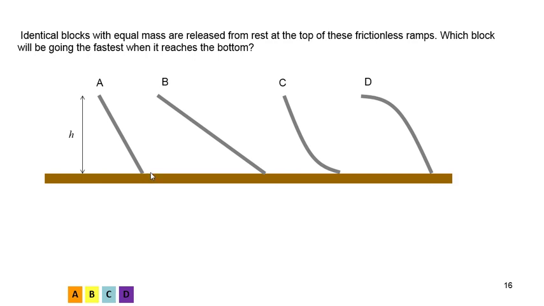They all reach the same height at the bottom, so U final is the same for all of them. That means that K final is the same for all of them, and the speed is the same for all of them. Okay, so these objects are not in free fall, but it still is true that Ki plus Ui equals Kf plus Uf, and it's true in this case because no other forces are doing work except gravity.